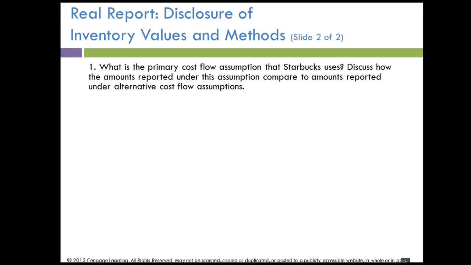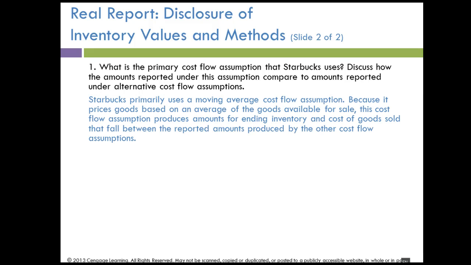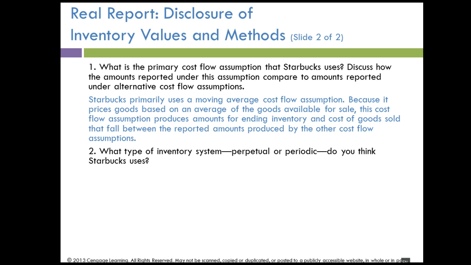Now, when we're dealing with Starbucks, they're asking here, what is the primary cost flow? As we saw on the disclosures, they're using a moving average. If prices of goods are based on an average of the goods available, then this assumption produces amounts for ending inventory and cost of goods that flow in the middle of LIFO or FIFO.